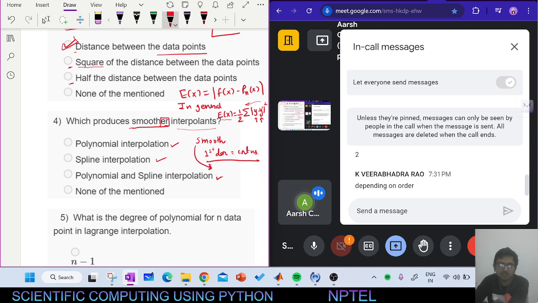Smoothness is up to which order, as Veerbhadraji is saying. We can call it n-smooth if it is smooth up to the nth derivative. Now under that interpretation, which one would be smoother? In fact, one of these two has all the derivatives continuous.